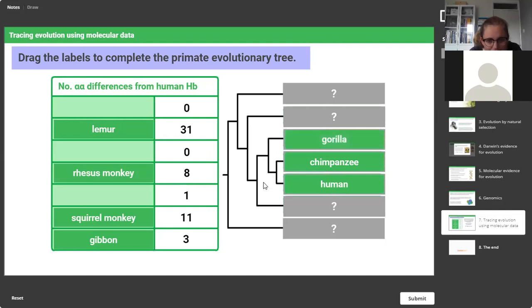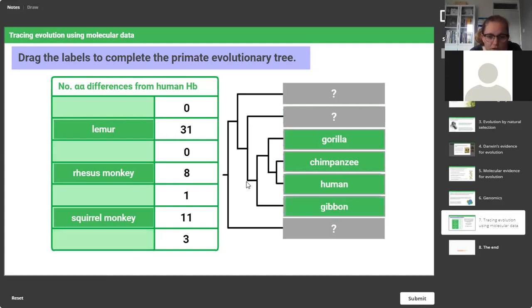Our next difference is going to be gibbon with 3. So if we look on this phylogenetic tree, chimpanzee, human coming from the same evolutionary ancestor. We've got gorilla coming off that. The next one, well, actually, if we go across, we've got this branching out down to here. So this is where our gibbon would go.